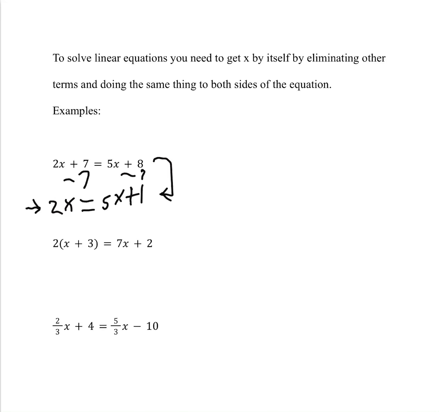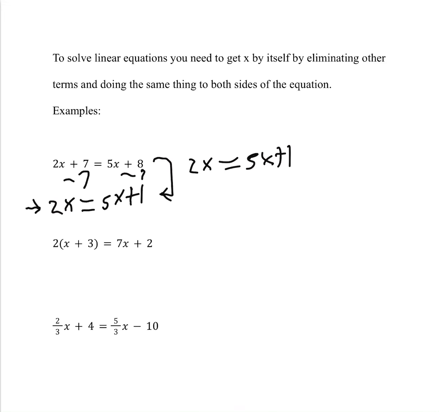So 7 minus 7 is 0, and we don't traditionally write the 0. We're not going to write 2x plus 0. And then on the right side, we have 8 minus 7 is 1. Now we have 2x equals 5x plus 1.